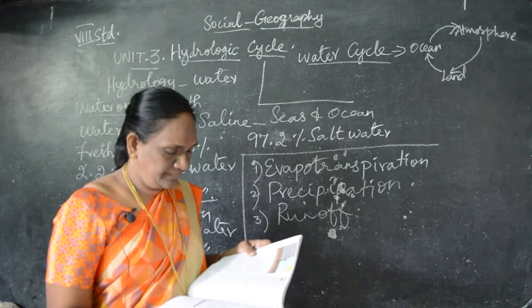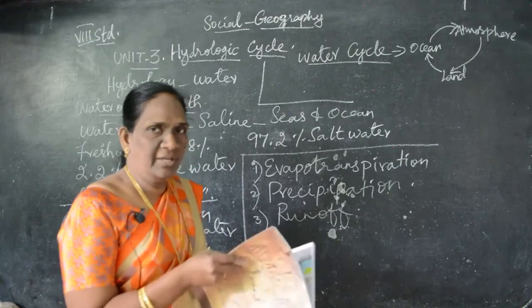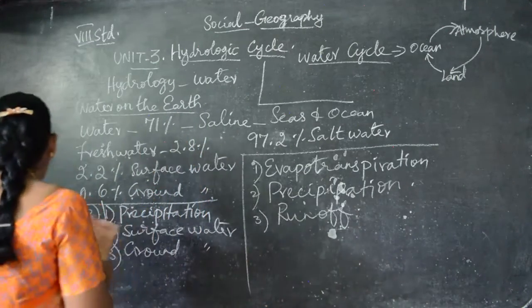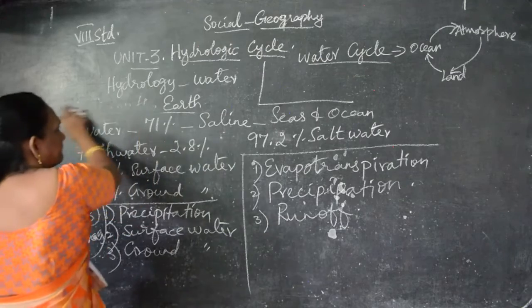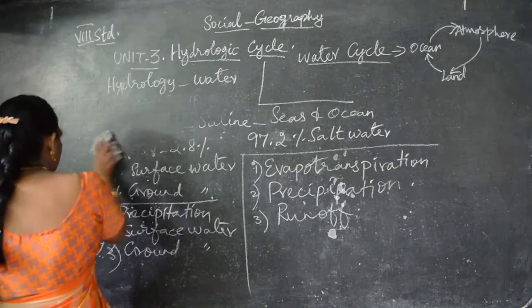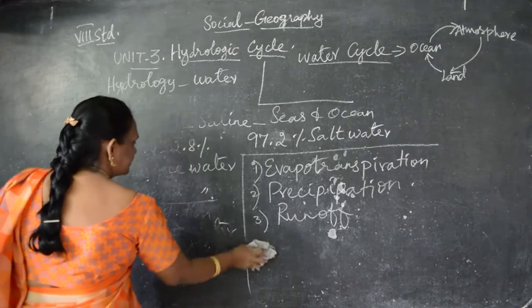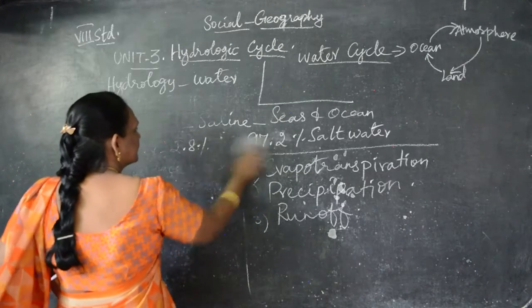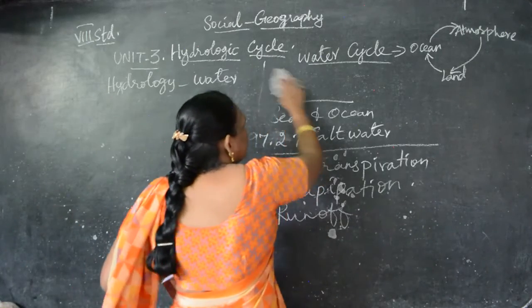The next one, precipitation. Okay, one by one we'll see. Understand? Till this, can you understand, children? Till this, did you understand all the percentages? How much saline water is there?